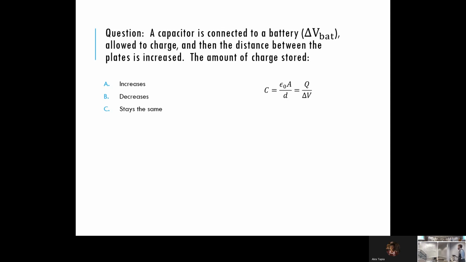I was going to ask which quantities in this expression stay constant. So I hook a battery up to the capacitor, which means the difference in electric potential across the capacitor plates stays the same. That's the purpose of the battery, to hold a constant difference in electric potential.